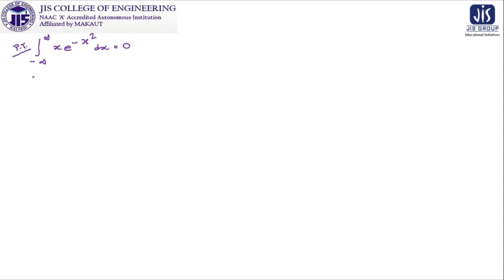So we will start our problem from these basic steps: the integral from minus infinity to infinity of x e to the power minus x square dx. The next line can be written as the integral from minus infinity to 0 of x e to the power minus x square dx, plus the integral from 0 to infinity of x e to the power minus x square dx.